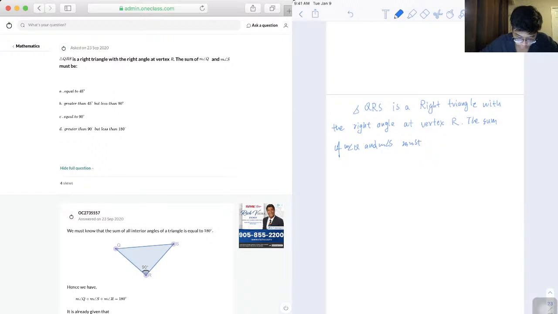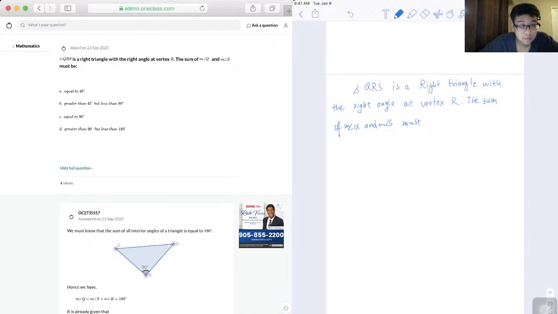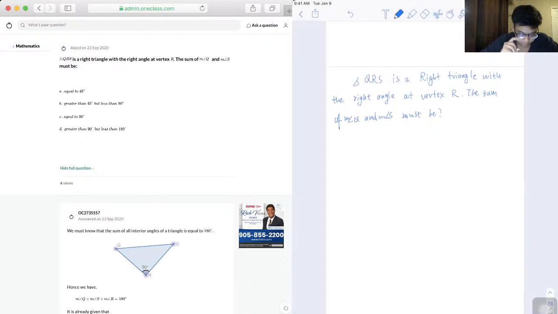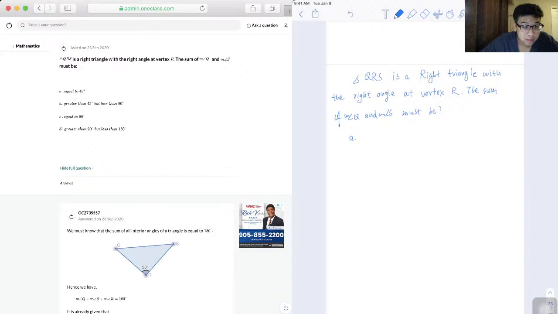So we've got 4 options. The first one is 45. The second one is greater than 45 but less than 90. C is 90, and D is greater than 90 but smaller than 180. All right.